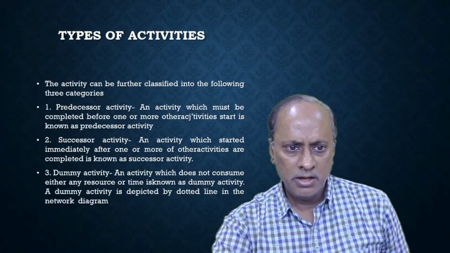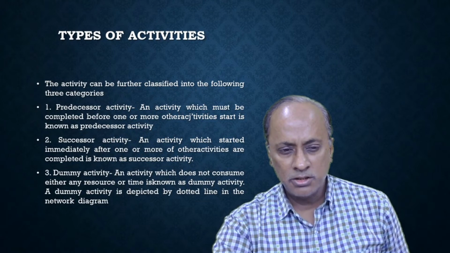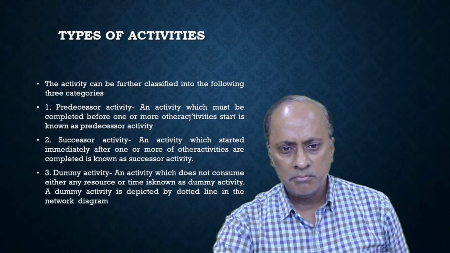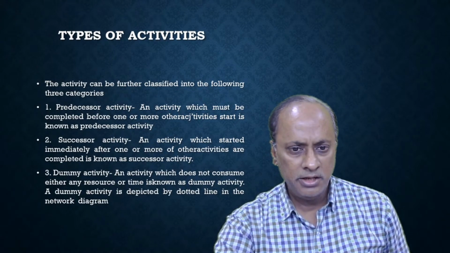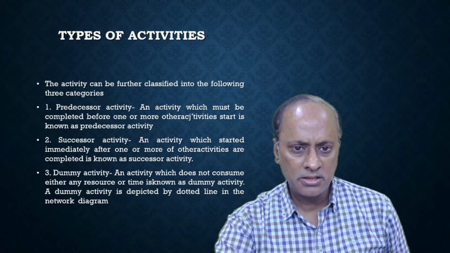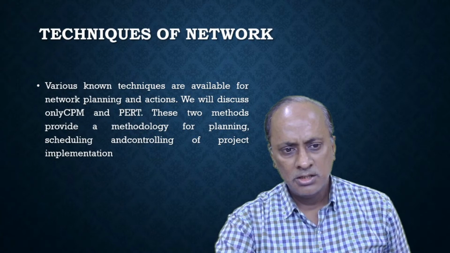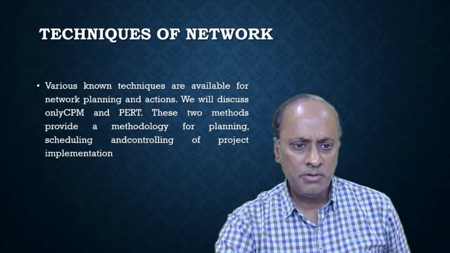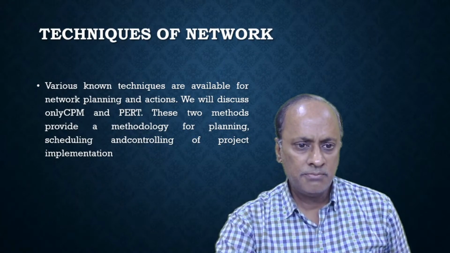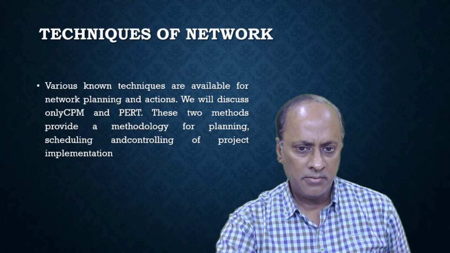When you make a network planning or network scheduling, there are a lot of mathematical and operations research techniques available, and the most important of them are CPM and PERT. CPM stands for Critical Path Method and PERT stands for Project Evaluation and Review Technique.